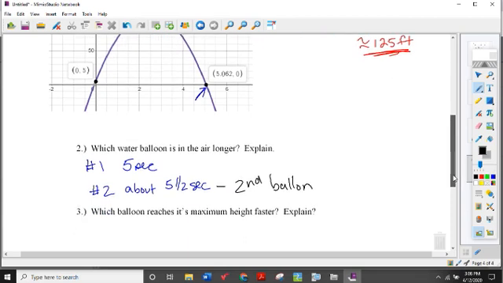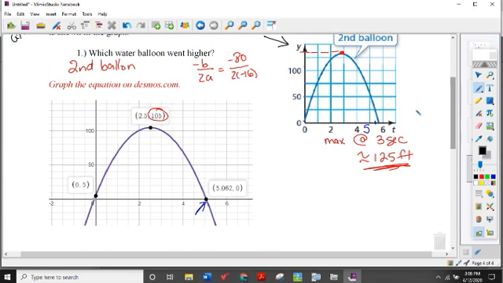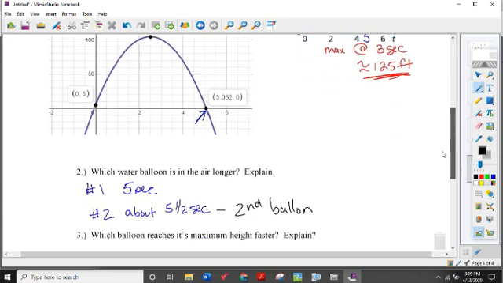And then another question that you could ask is, which balloon reaches its maximum height faster? So going back up to our graphs, comparing the vertex, remember we said the second balloon reached its maximum height just before 3 seconds, or almost at 3 seconds. So maybe it could have been 2.75, but this one hits it exactly at 2.5 seconds.